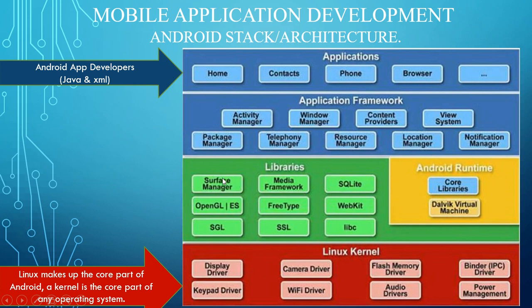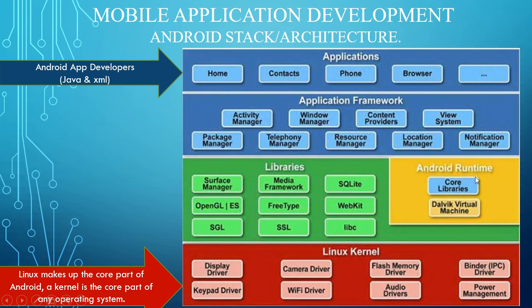This library uses the display driver to access the screen so that you can actually manipulate the pixels, images, videos, and so forth. We have OpenGL for animation. Whenever you play your game, you are using this library, which is actually accessing the display. We have media when you play your music, when you play your videos, you pause, all that. Secure Socket Layer, WebKit, your browser's database, SQLite.